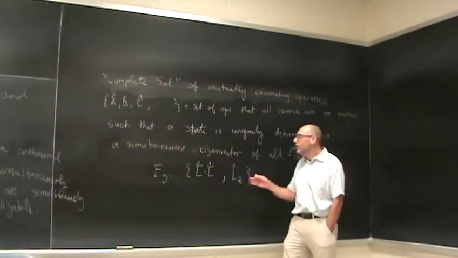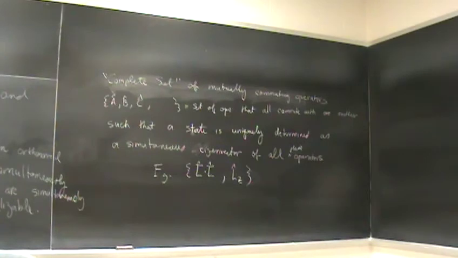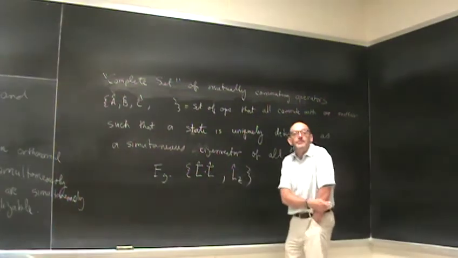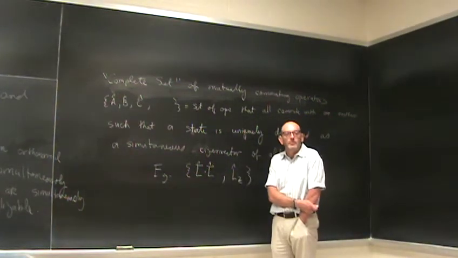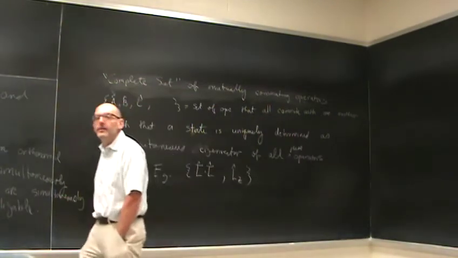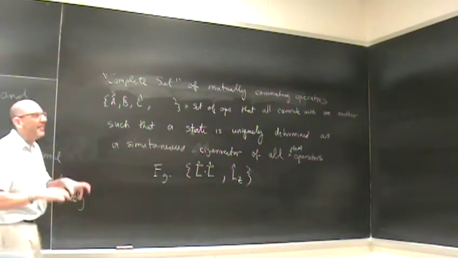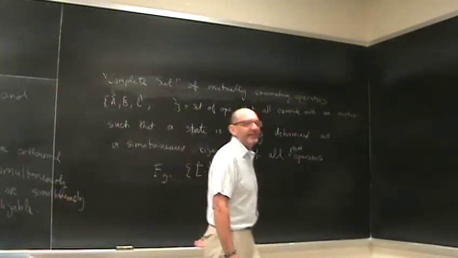If I just told you one of those operators, and I said find its eigenvectors, that won't tell me uniquely what the state is because of the degeneracies. But by specifying both of these, I'm guaranteed there's only one state. And that concept will be important when we put the hooks on this abstract theory back into physics.